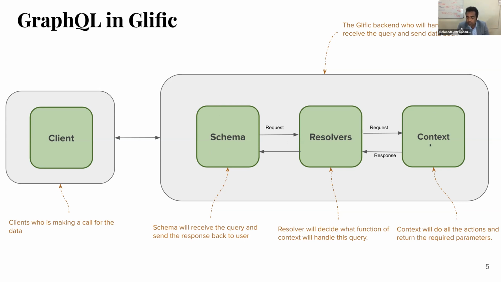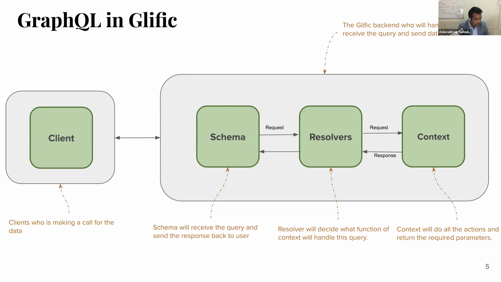Now the context works on that, performs all those operations, gets the data from the DB, and returns the response back to the resolvers. And the same happens in the schema, and then you get the response back. So that's the main workflow in Glific, how we structured it.